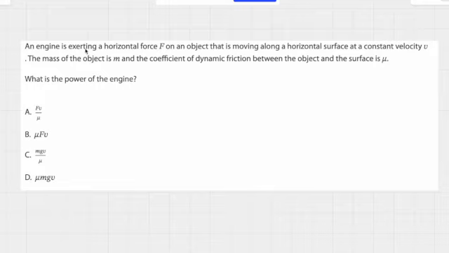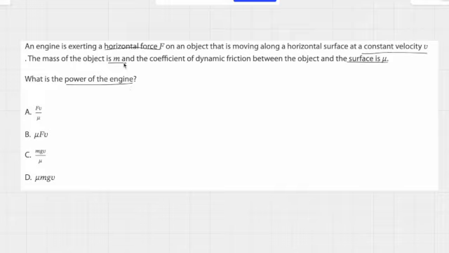So the engine is exerting a horizontal force F on an object that is moving along a horizontal surface at a constant velocity v. The mass of the object is m, and the coefficient of dynamic friction between the object and the surface is mu. So what is the power of the engine? We're looking for power.